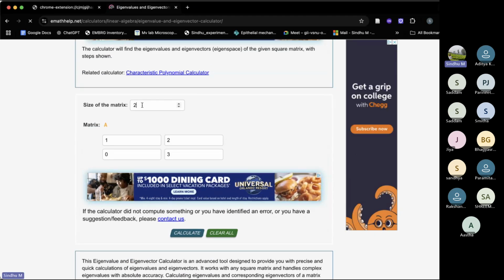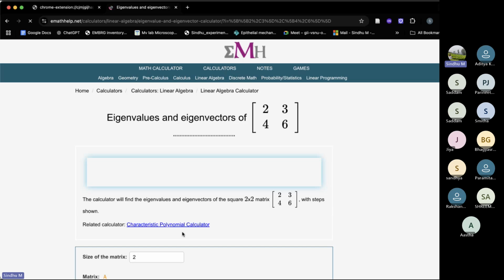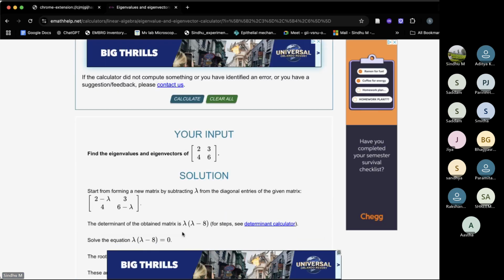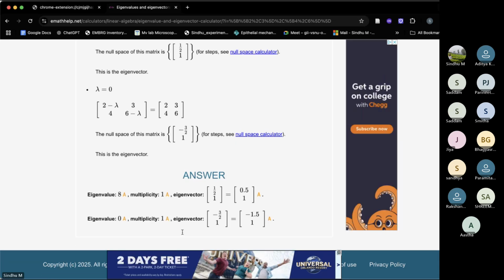Here we have considered a 2 cross 2 matrix and the matrix is 2, 3, 4, 6. And let's calculate the eigenvalues. So we have got two eigenvalues, 0 and 8.